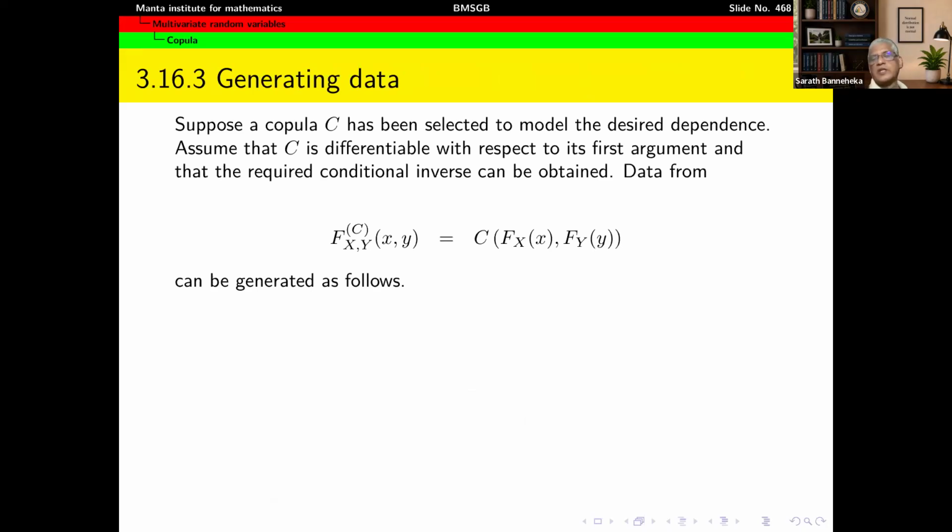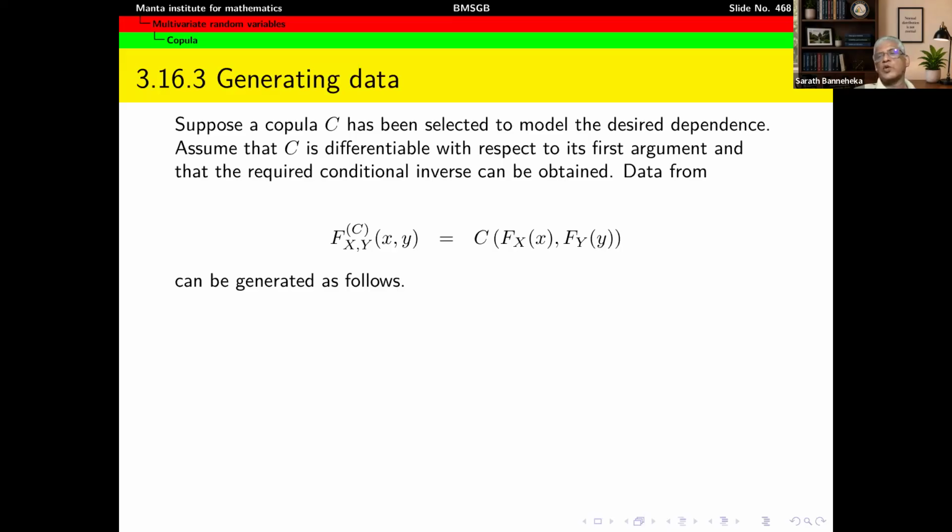This converse is the part that we usually use to generate data for random variables x and y with given marginals fxx and fyy, and given dependent structure. Right. So suppose copula C has been selected to model the desired dependence. Remember, when you select the copula C, what is important is we should be able to capture the dependent structure in x and y using that copula.